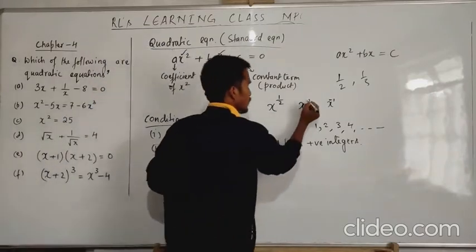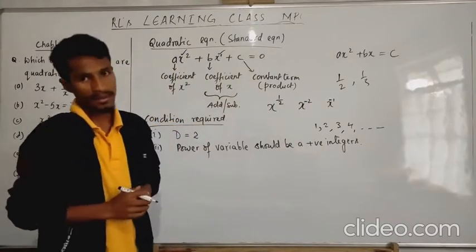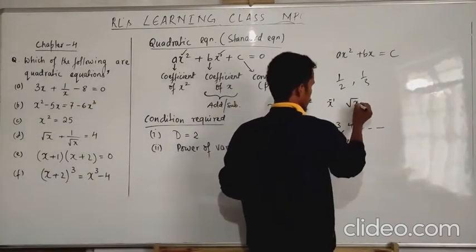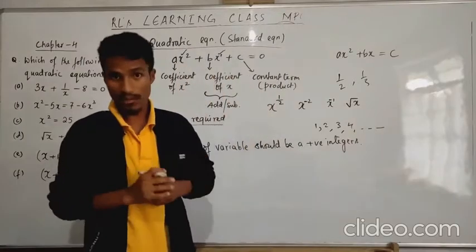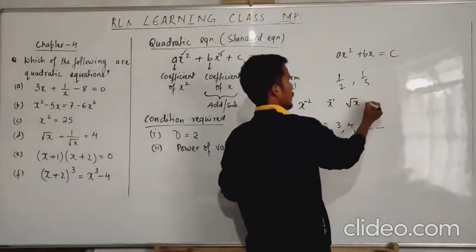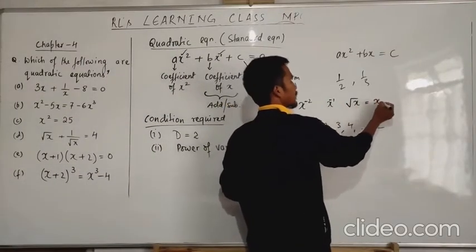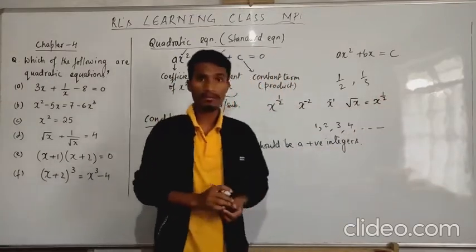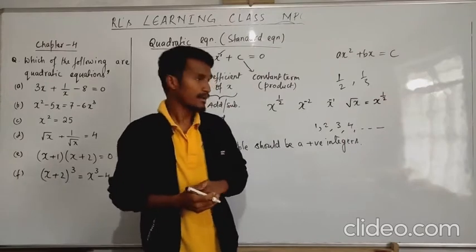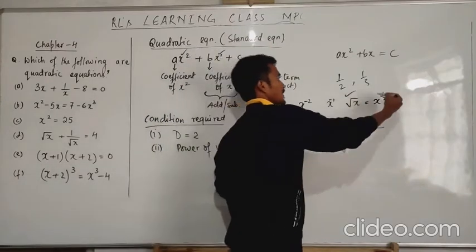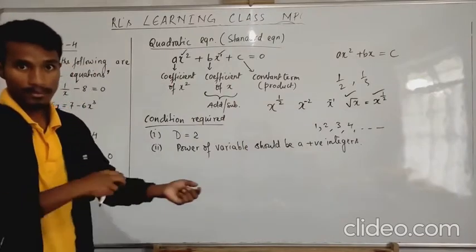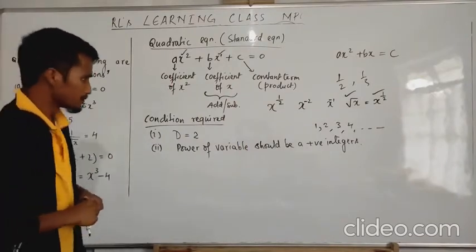And if you got x to the power minus 2, this also is not a quadratic. If you got, for example, root x, that is also not a quadratic, because the square root is equivalent to the power half. Generally, I can call it not a polynomial.